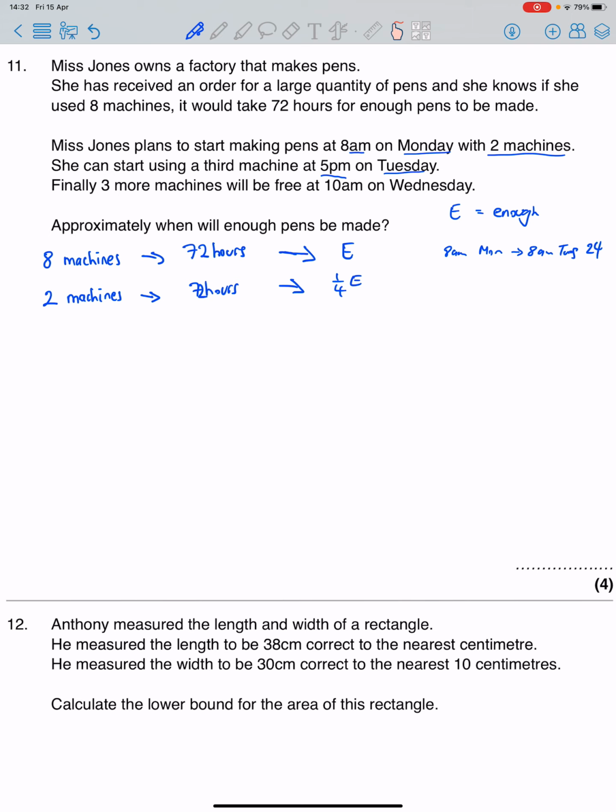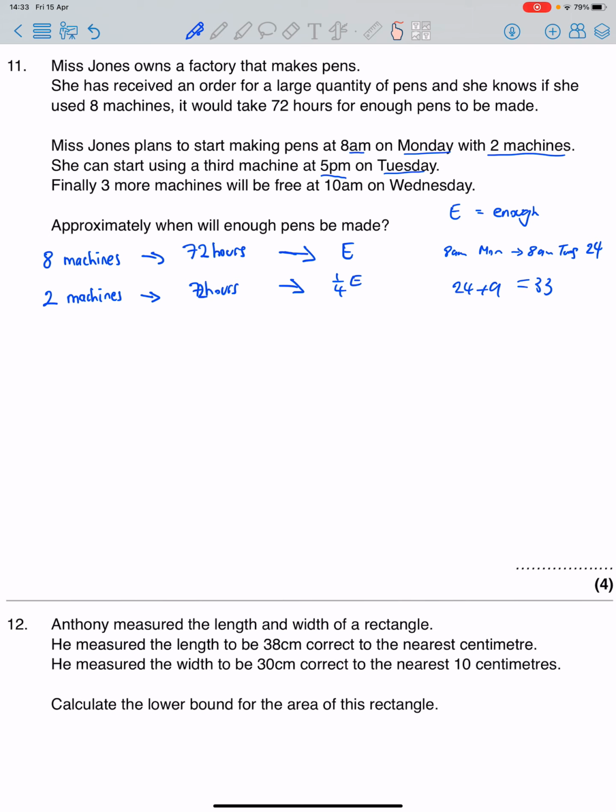Then 8 a.m. until 5 p.m., which is 1700 hours, is an extra 9 hours. So we've got 24 plus 9 hours, which is equal to 33.